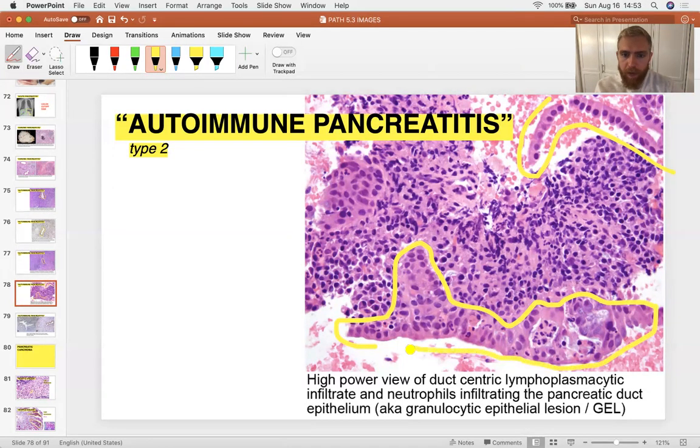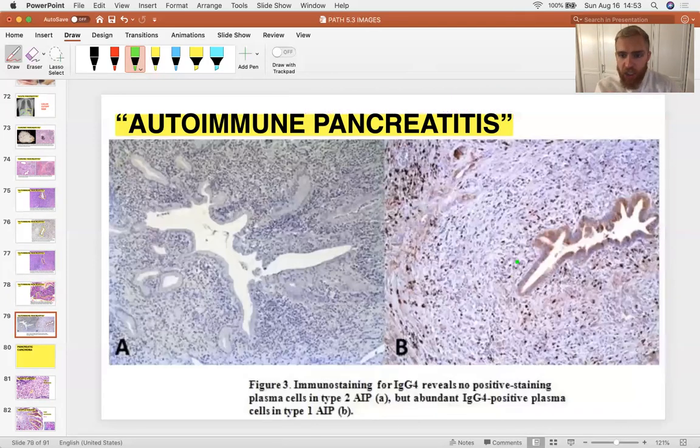So everything else that's in the middle of this image is an inflammatory cell. So that's an example of inflammatory cells inside the ductwork. Histologically, that's the only difference between type 1 and type 2. Plus that IgG4 immunostain.